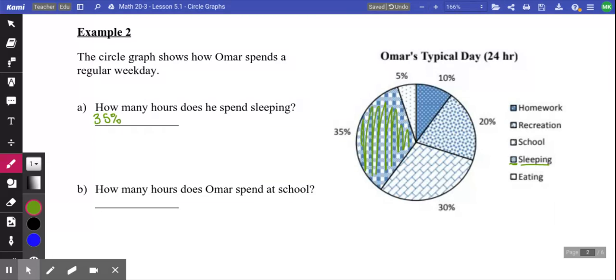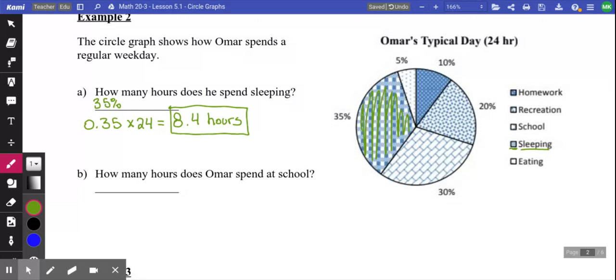To figure out how many hours that actually is, you take 0.35, which represents the percentage, and you times it by 24 hours in a day, and you will get how many hours he is spending sleeping, which is approximately 8.4 hours a day. So I took the percentage, I changed it to a decimal, and then I multiplied it by 24 hours a day.